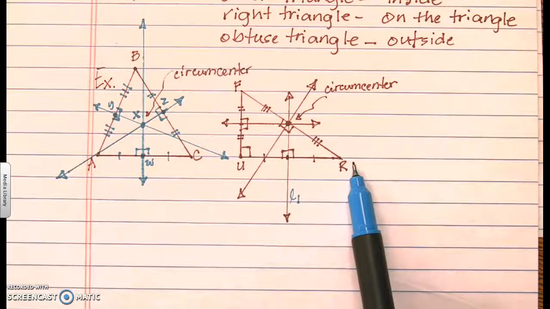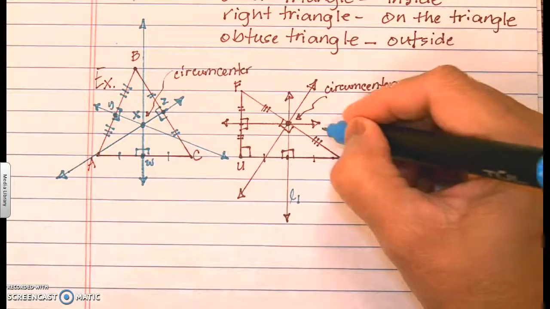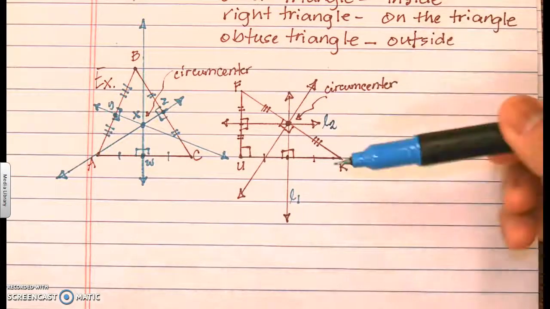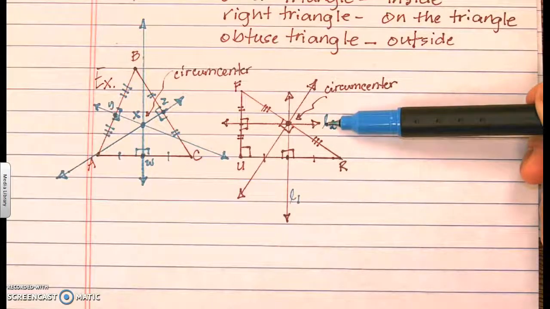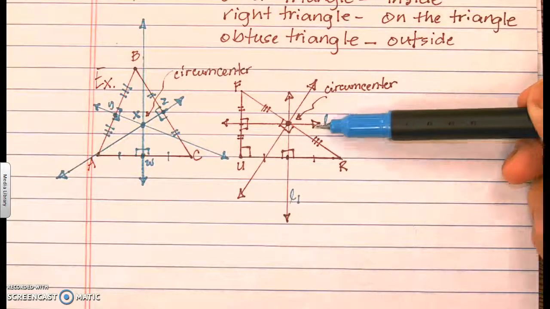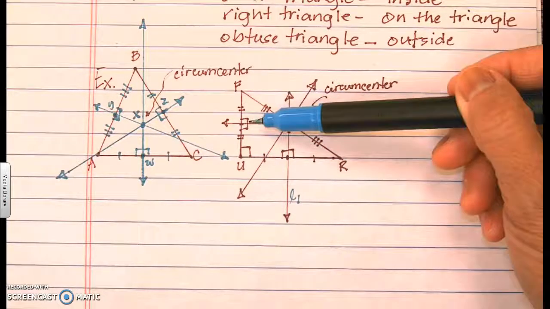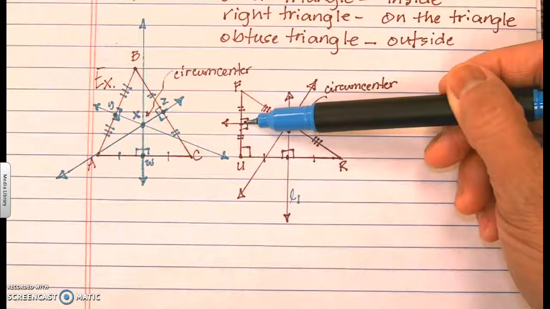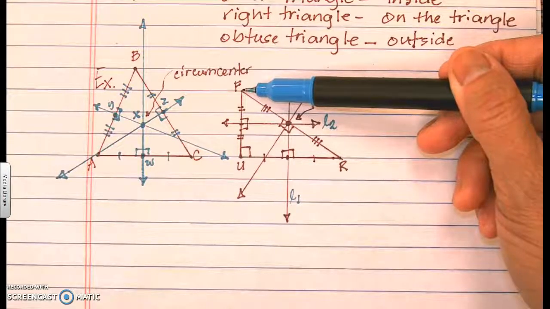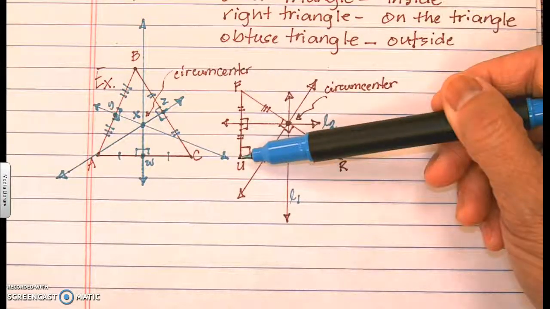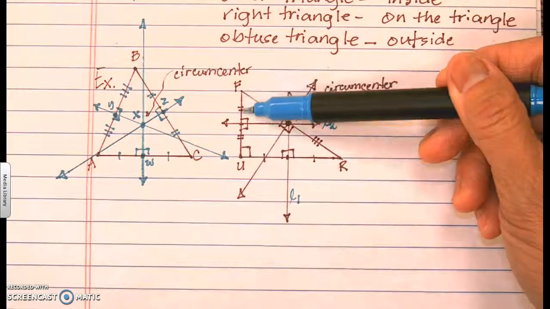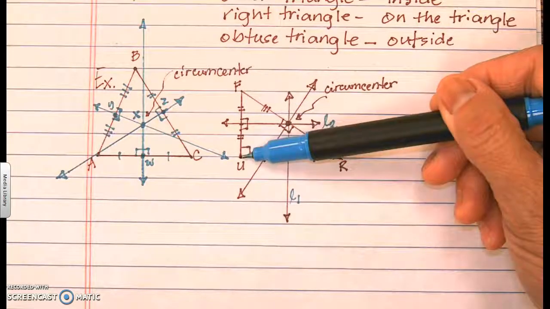My second perpendicular bisector, line 2, is this one. This is perpendicular to side FU, and it's also a bisector because it passes through the midpoint of side FU, which means that this segment right here is congruent to this segment right here.